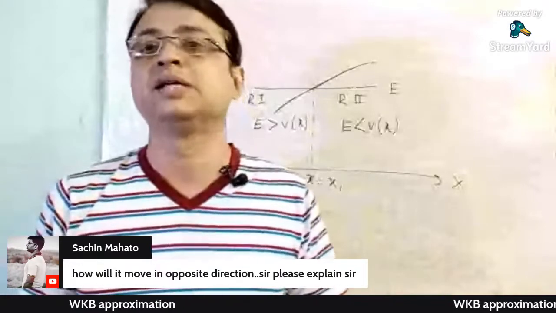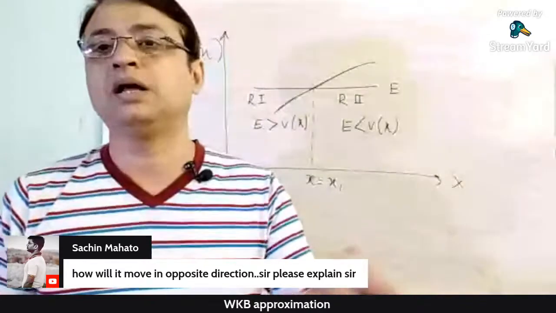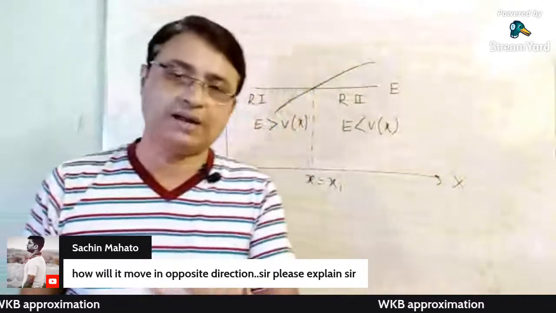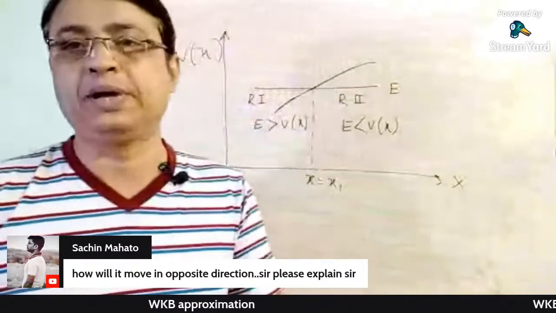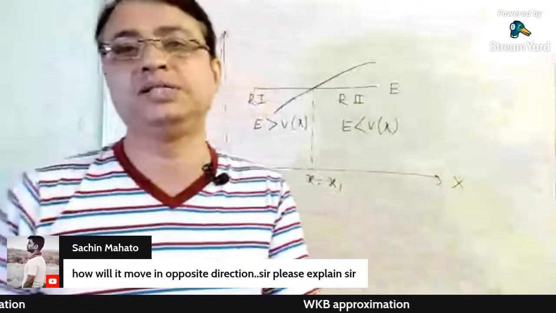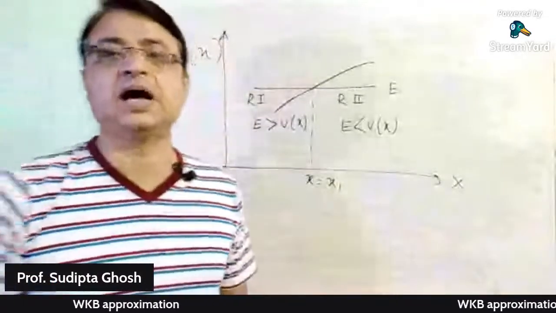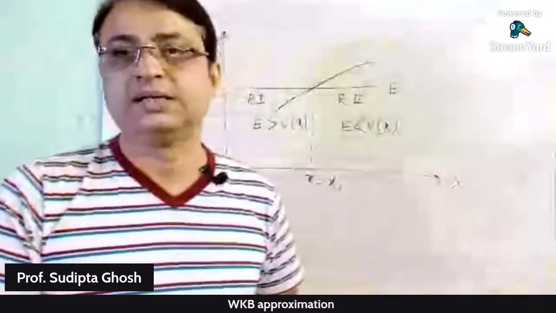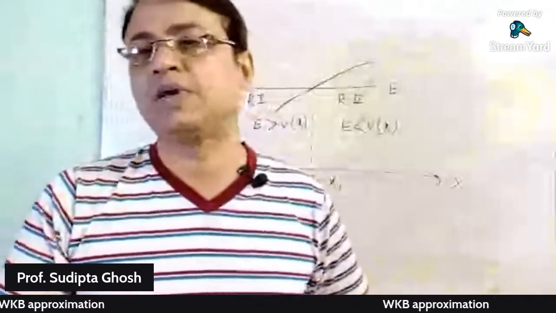But in quantum mechanics, I think I explained to you that whenever a particle has an energy less than the potential energy of the region, it also can move. But what will happen if both the energy of the particle and the potential of the region become equal? From the mathematical expressions I have told you, whenever E and V(x) are equal, that means k square, or gamma square, becomes 0.